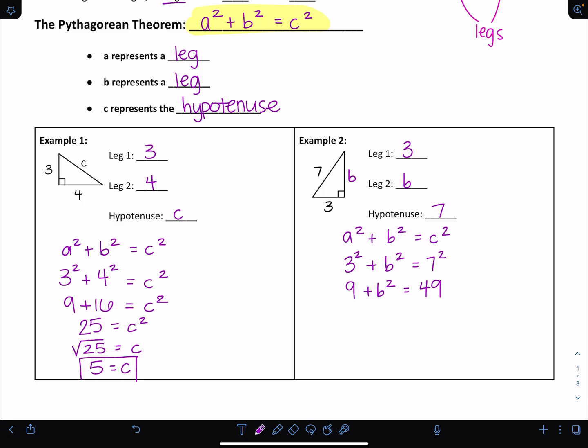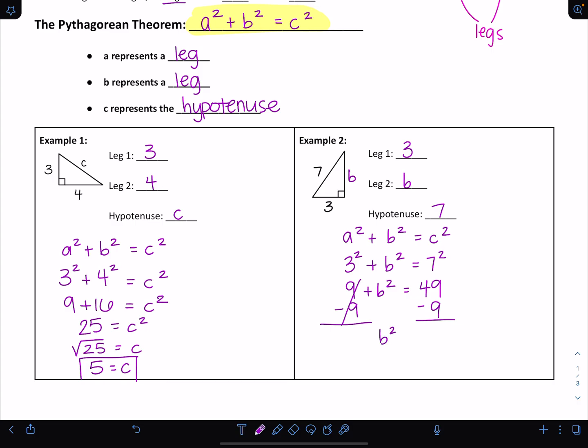We're close to the end. Now we've got to do a little bit of algebra. So we have a variable right here, but we've also got some plain old numbers on this side. Let's get just the variables on the left by getting rid of the 9. We can do that by subtracting 9 from both sides. These two cancel out.